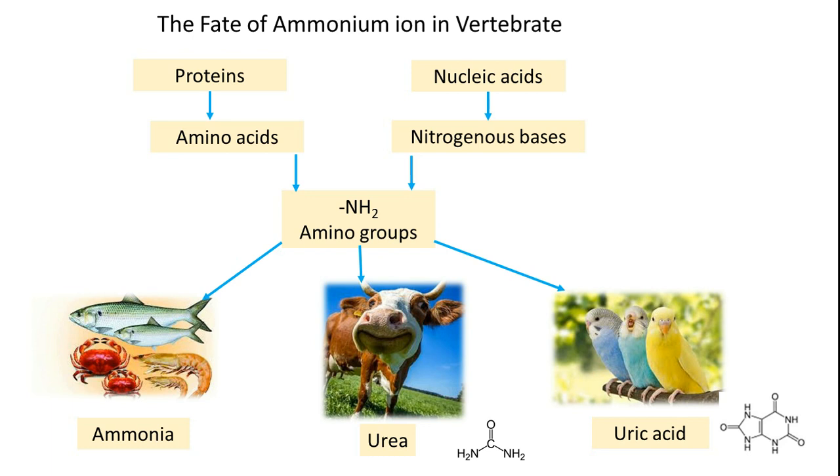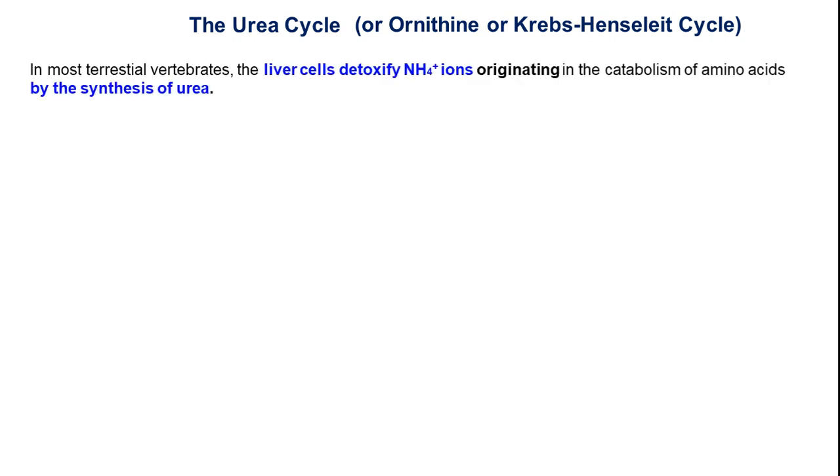Because we are focusing more on our own biochemistry, let's see how the amino group is converted to urea. We have a unique and very important cycle in our body, the urea cycle. It is also called the ornithine cycle or Krebs-Henseleit cycle.